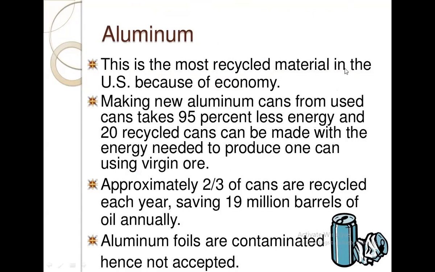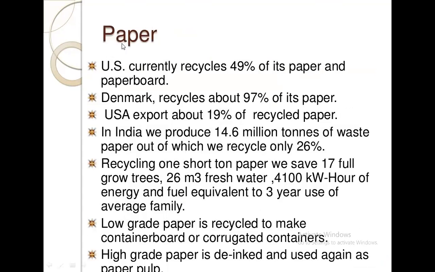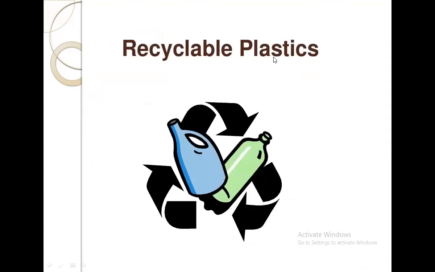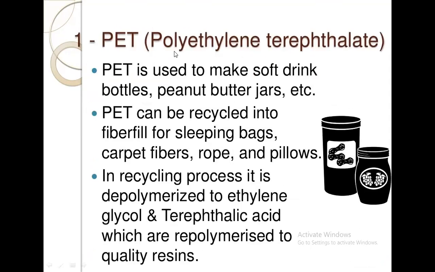This is the most recycled material in the US because of economy. So the first item is aluminum. There are different items: waste paper, aluminum, which is waste material, from which you have to recycle paper. Recyclable plastics include polyethylene terephthalate, which is a plastic material.